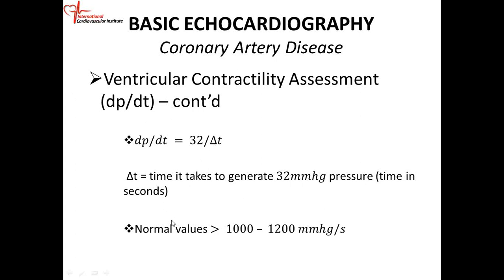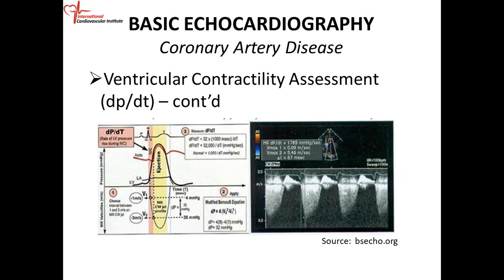And remember what we said, anything greater than 1,000 is normal. When you do it on the machine, you just want to see the time it takes to generate this pressure, the pressure generated between the 1 meter per second and the 3 meter per second. This is how you do it.